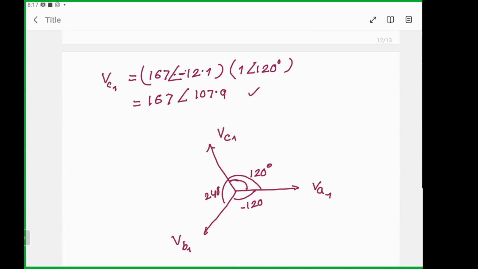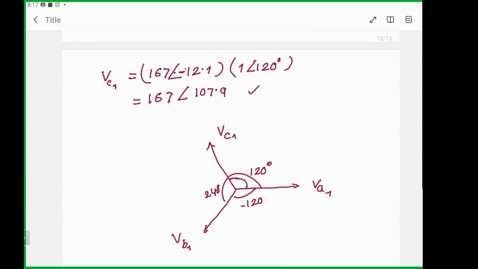So if I want to find VB1 from VA1, then VB1 is equal to VA1 multiplied with alpha, from here to here.